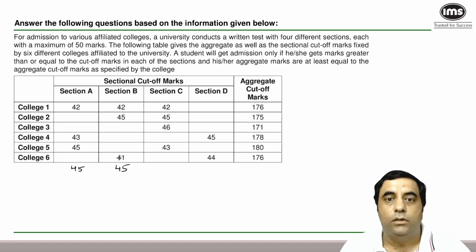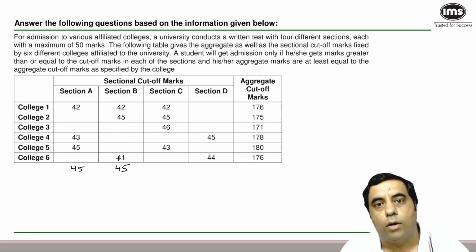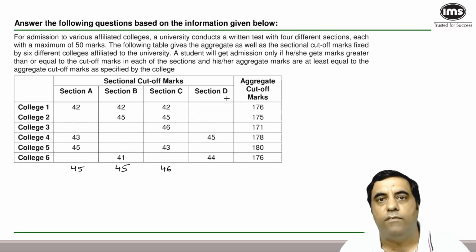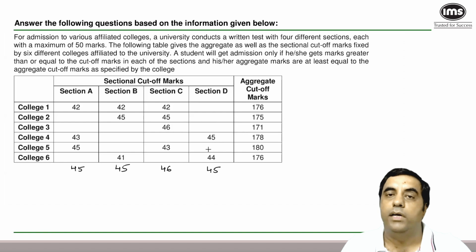Let's look at section C. Section C has a cutoff for the most colleges, which are 4, 1, 2, 3, and 5. Again, to do the same process, we need a minimum of 46, otherwise we'll not be able to get a call. Similarly for section D, there are colleges 4 and 6, so we need a minimum of 45.